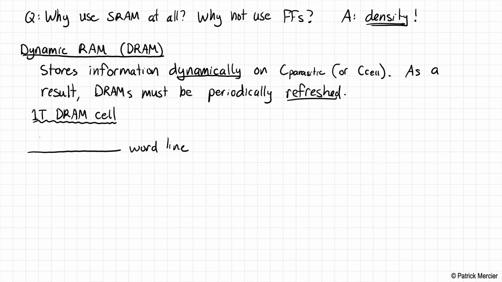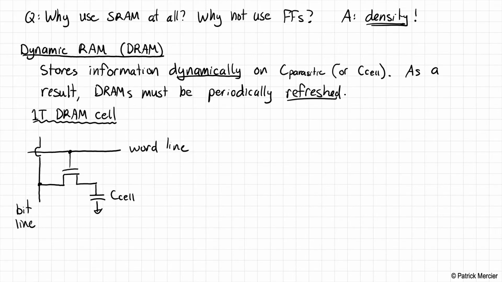We have a bit line. And we connect the bit line to a transistor whose gate is connected to the word line. And on this side of the transistor, we have some amount of capacitance. We'll call it C cell. That's the whole DRAM memory cell.